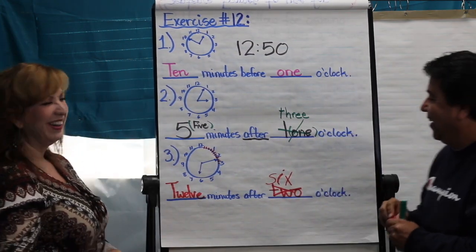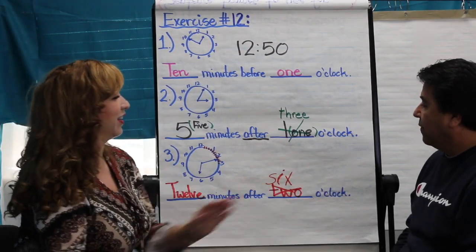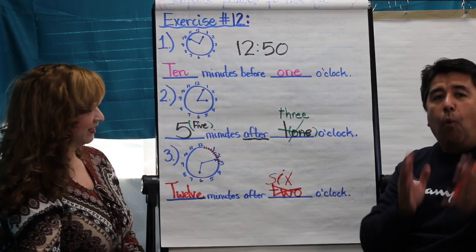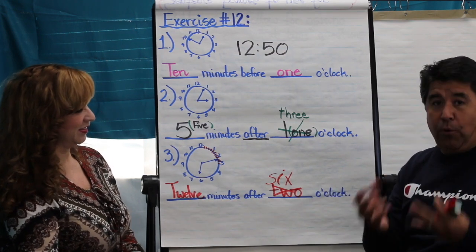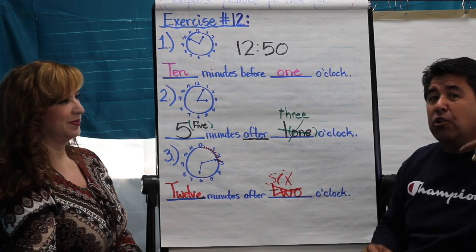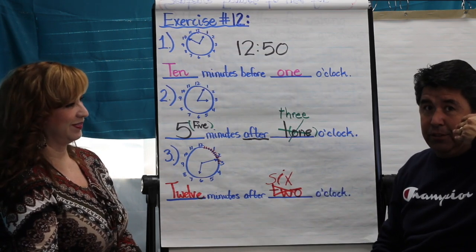There you go, see? So 12 minutes after 6 o'clock. And right now, we're writing the words because we want you to practice writing the words, okay? Because when you're practicing writing the words, you're also processing the pronunciation, okay?